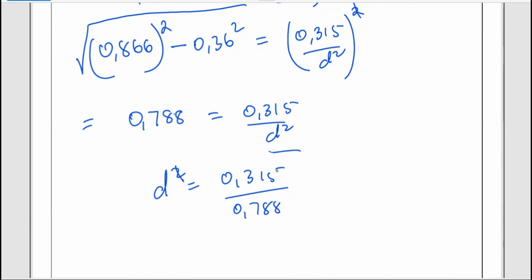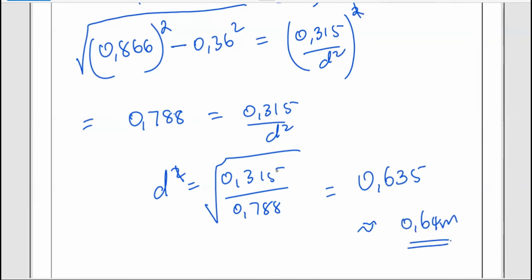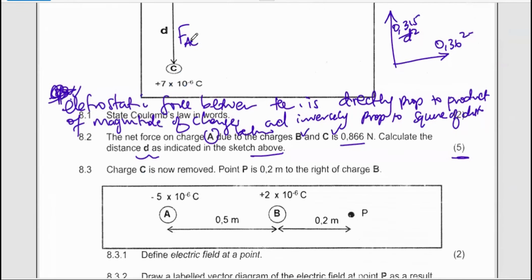For me to get the d alone, I must find the square root there. The fact that we are having a lot of decimals might affect our level of accuracy, but the answer I'm getting is 0.635, which could be rounded off to 0.64 meters. That's what I'm ending up with, so it could be roughly in that range.